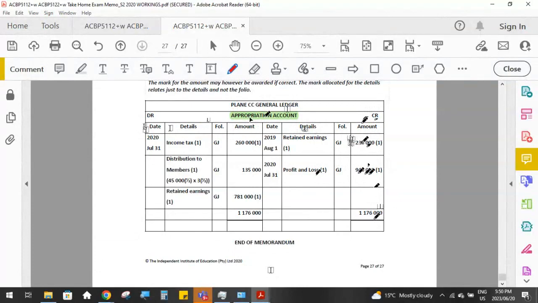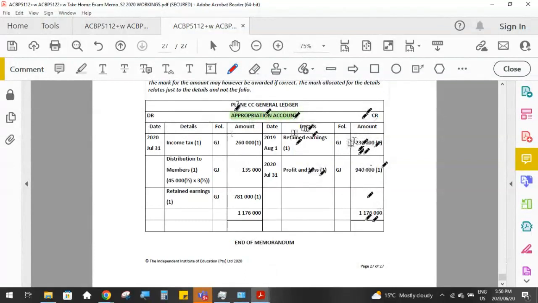Okay, everybody got that? So your first two entries are transfer retained earnings to the appropriations account. So debit retained earnings, credit appropriation, and transfer the profit or loss to the appropriations account. So debit profit and loss, credit appropriation account.